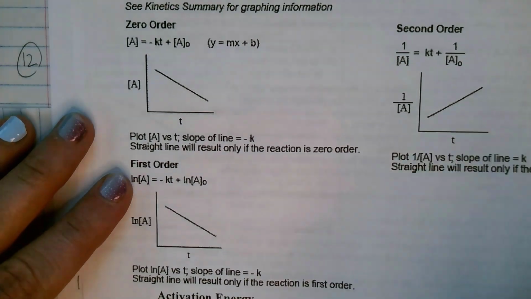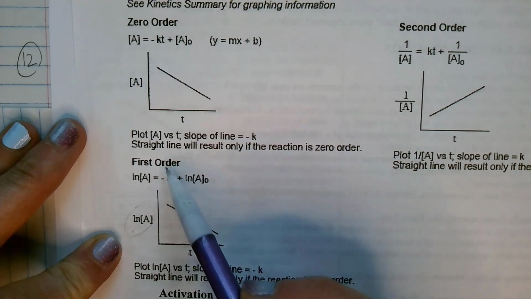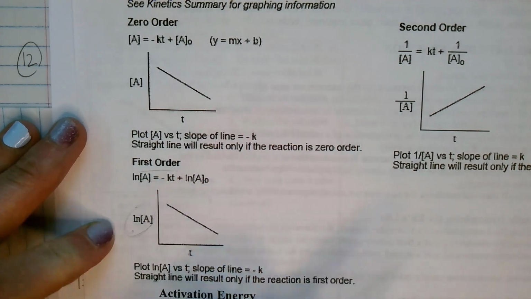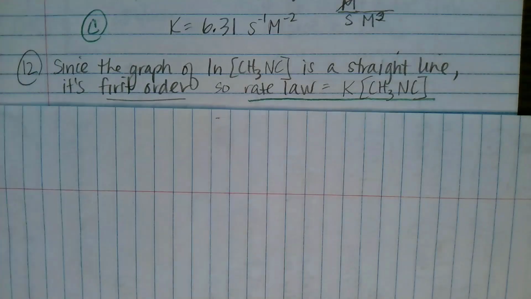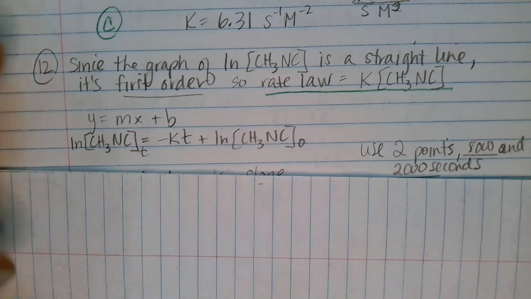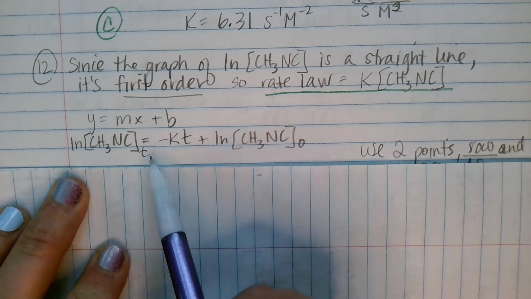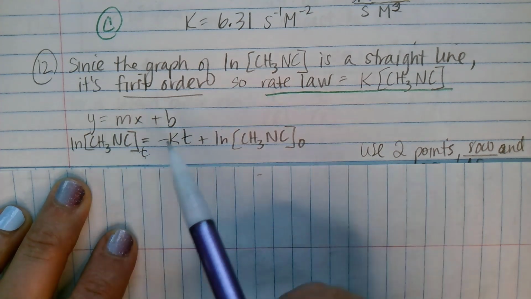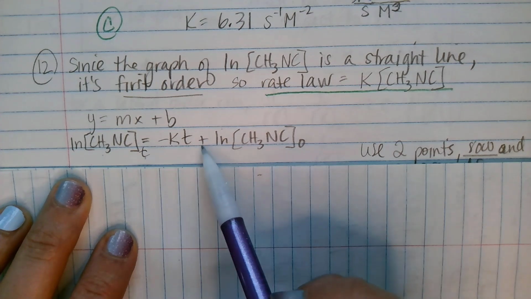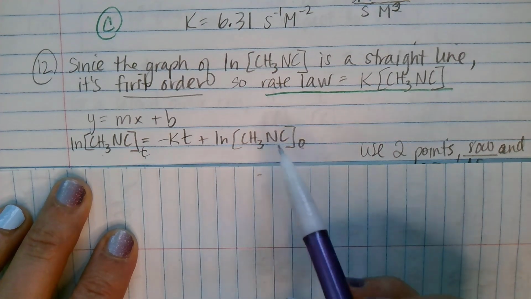So if I look at our little cheat sheet here, we can see that the natural log of A over time is a first order reaction, and we're given what that looks like, how that's set up in a y equals mx plus b setup. So y equals mx plus b, that would be the natural log after a certain amount of time is equal to negative kt plus the natural log of the initial concentration.